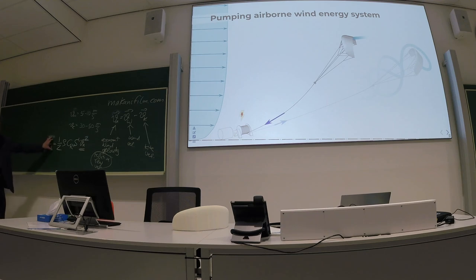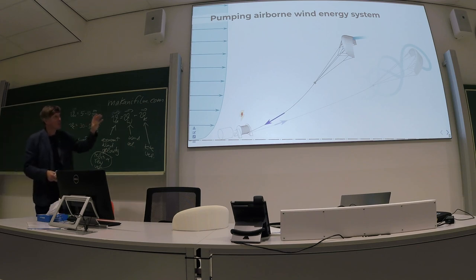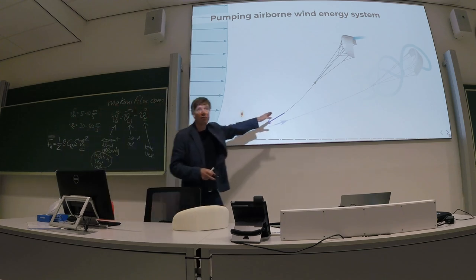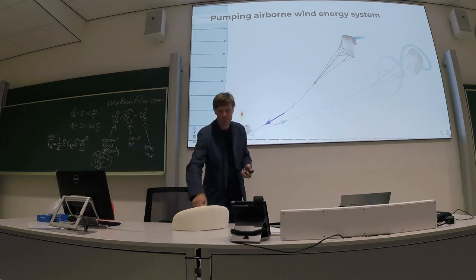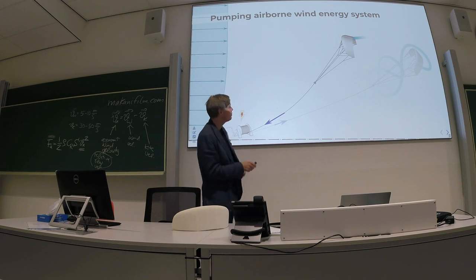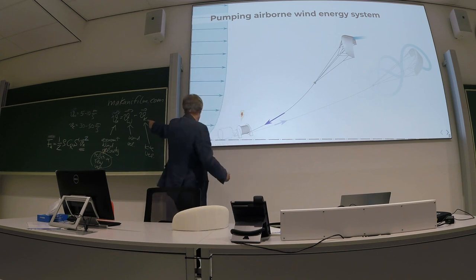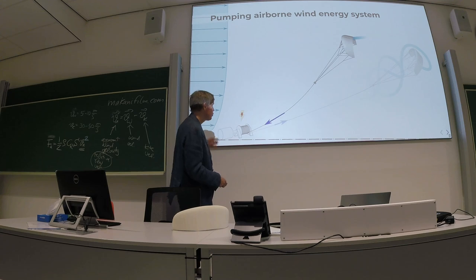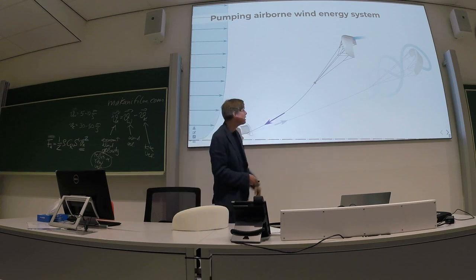This FA, the aerodynamic force, in a first approximation is quite similar to the tether force that acts on the cable. So you see that with the flight speed of the kite, you can control the force in the cable.